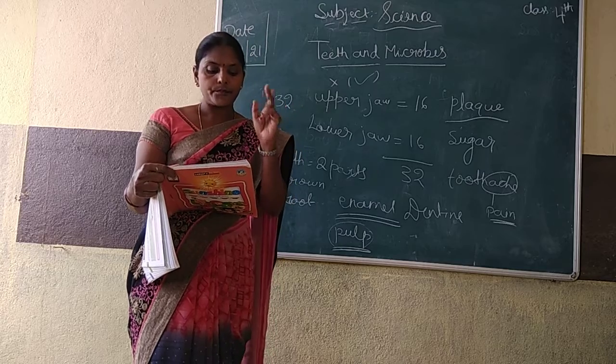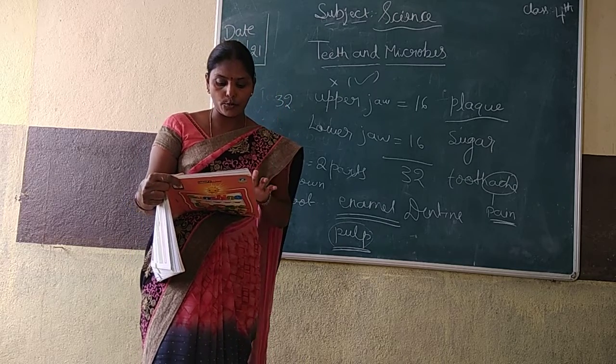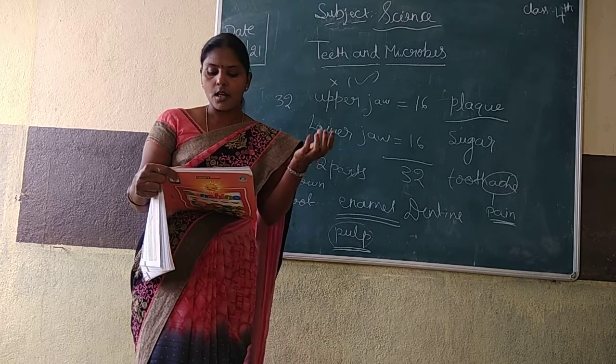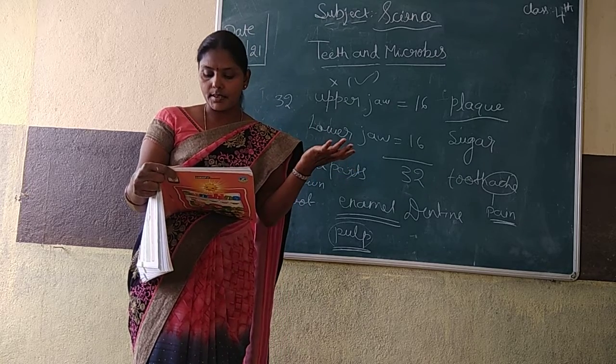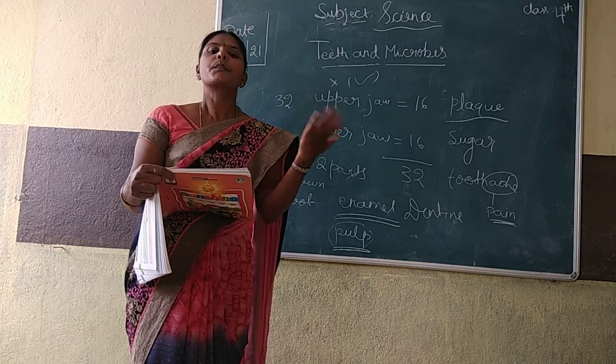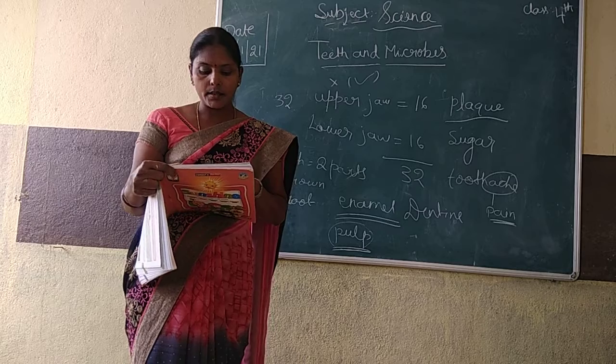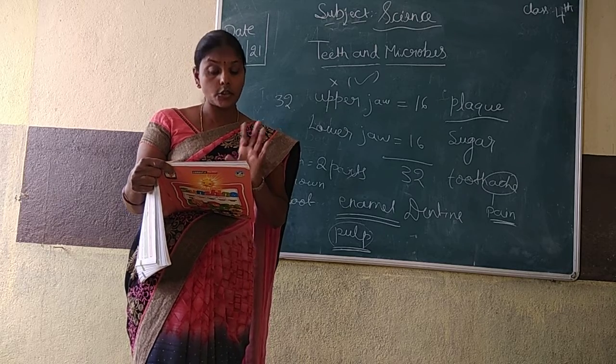Understood first one. Second one now. We should eat raw vegetables like carrot and fruits like apples, banana. They make our gums and teeth strong.